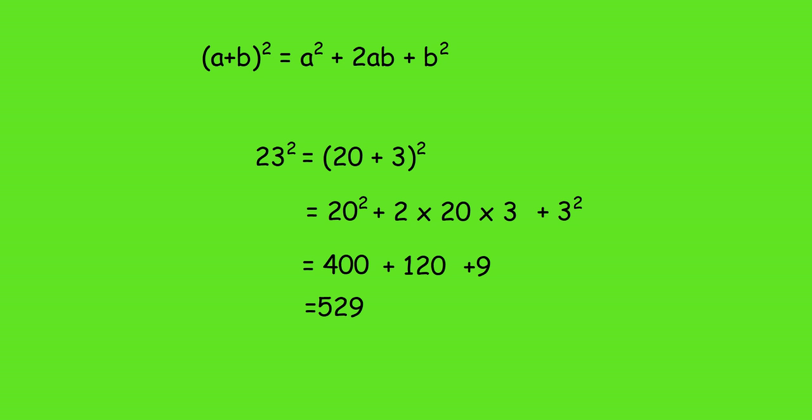Now let us check, without writing all these steps, how can you find out the square of 23? First, consider the unit place digit. It is 3. Now write the square of the number 3. Yes, 3 square is equal to 9. So 9 will be the unit place digit in the square of 23.